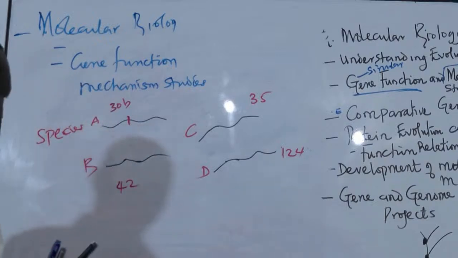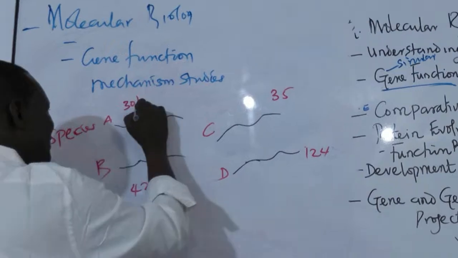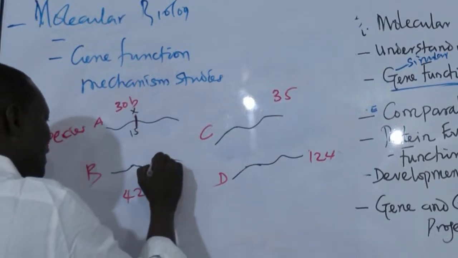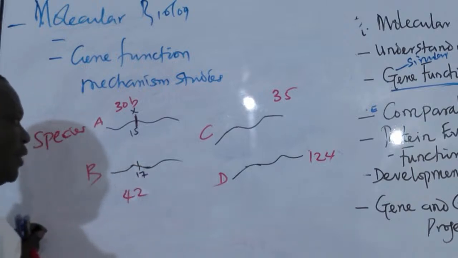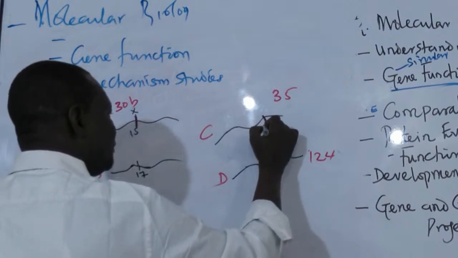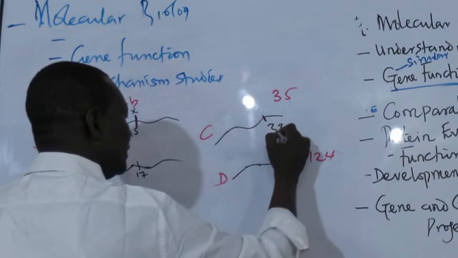Now on this, at position 15, you have a specific gene located there. At 17 as well, you have another one. You now map another gene at position, let me say, position 33.